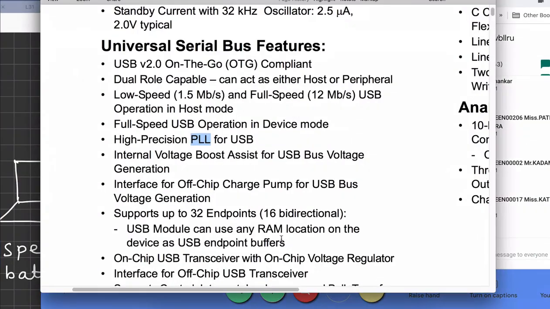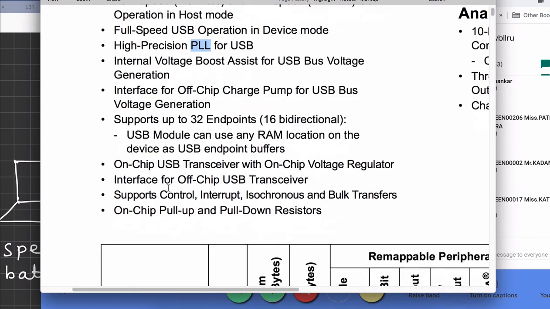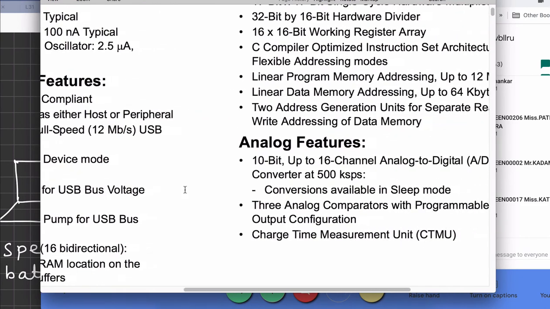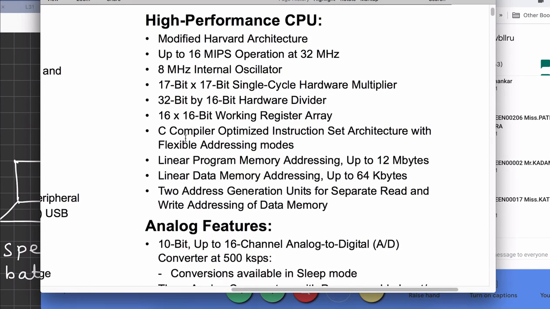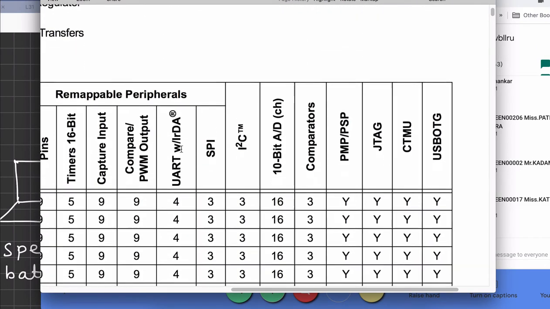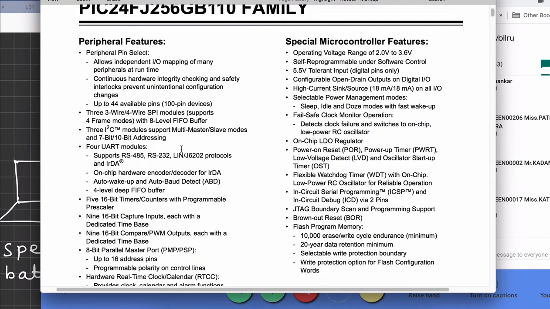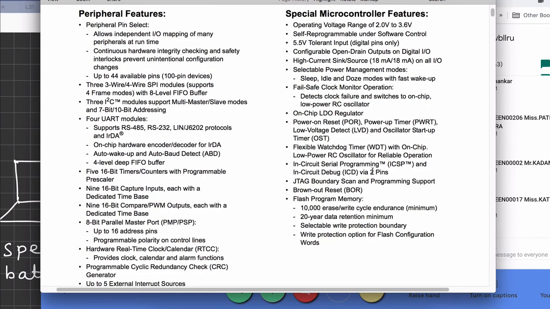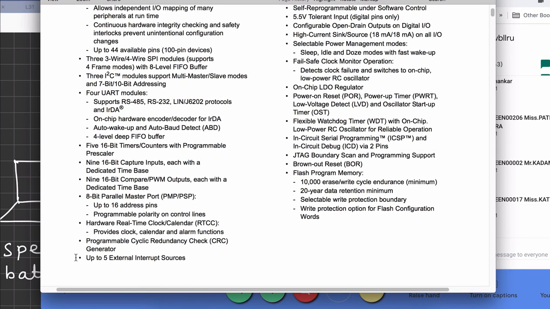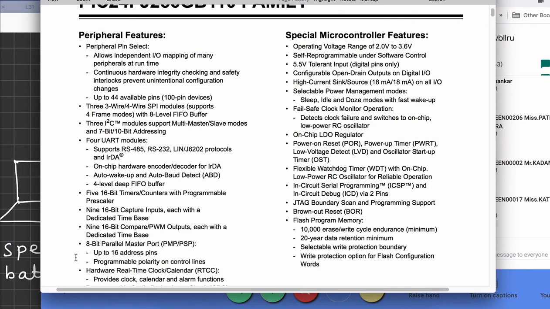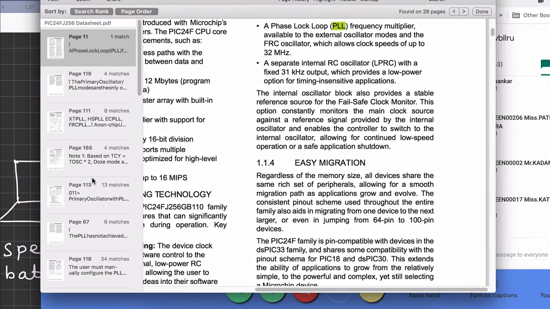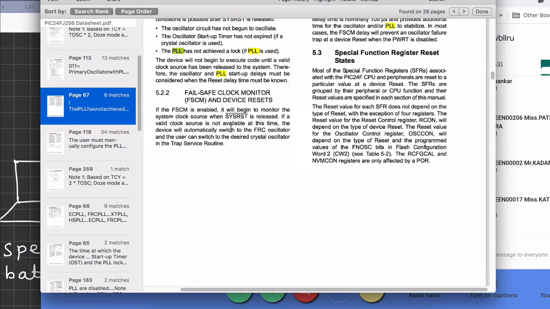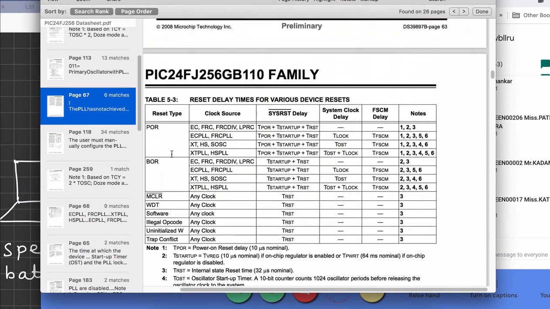So this is the use of the PLL in the processor.